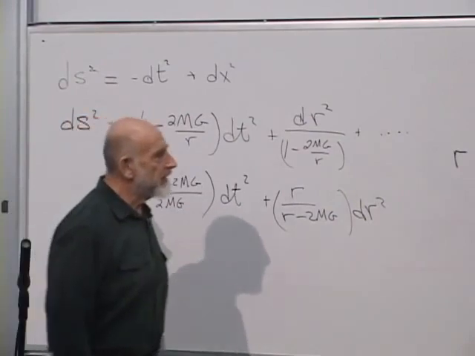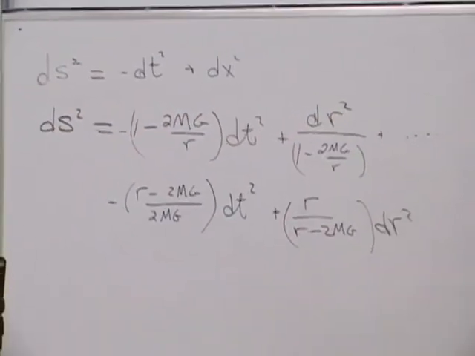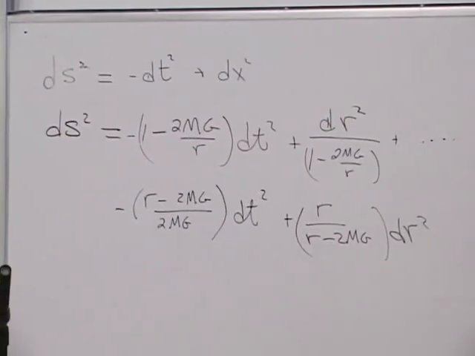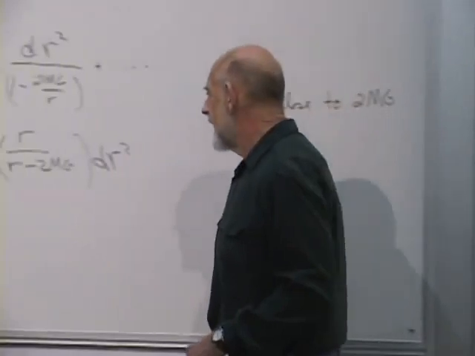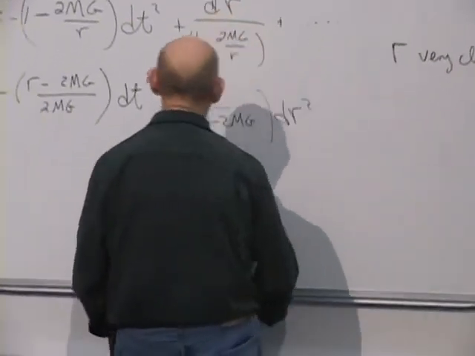Haven't done much. Now, the next step is to look at this over here and say, look, there's just d rho squared over here. I'm going to do a trick. I'm going to change variables.